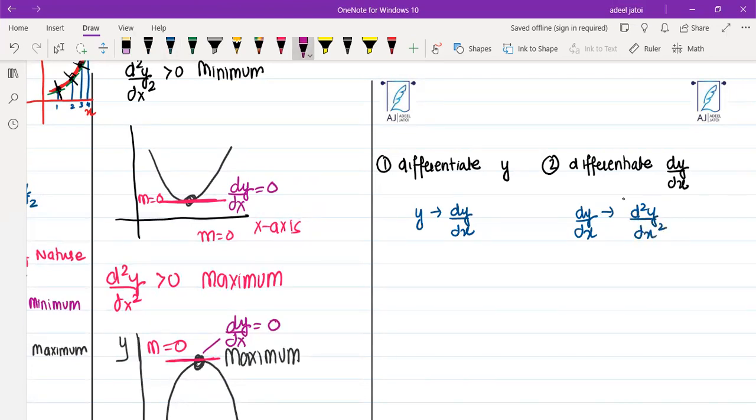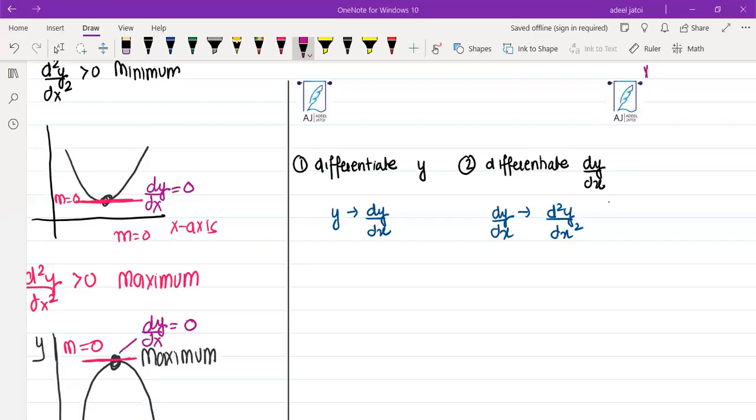The examiner can ask you to find or calculate the gradient.